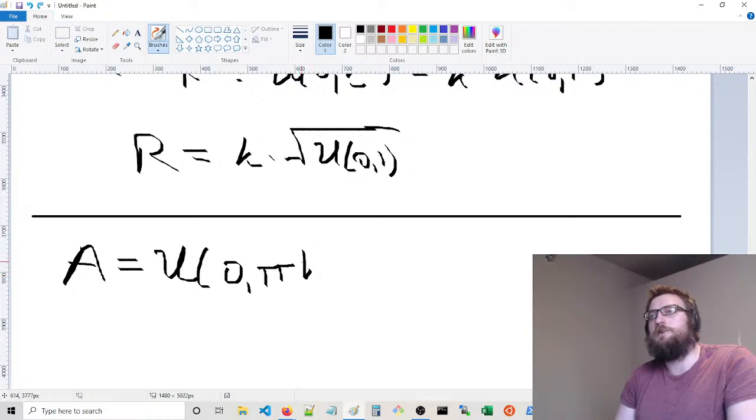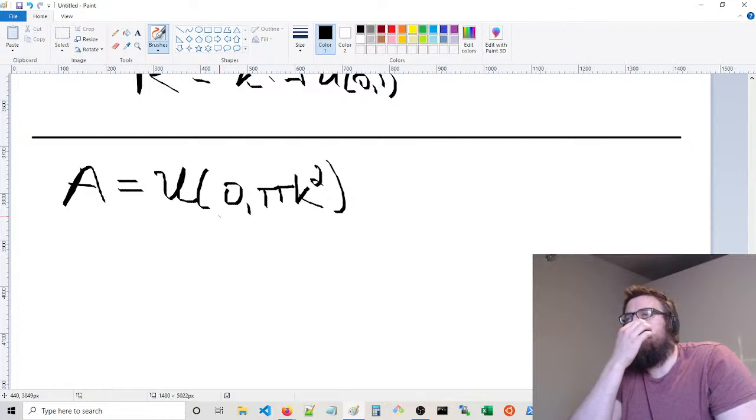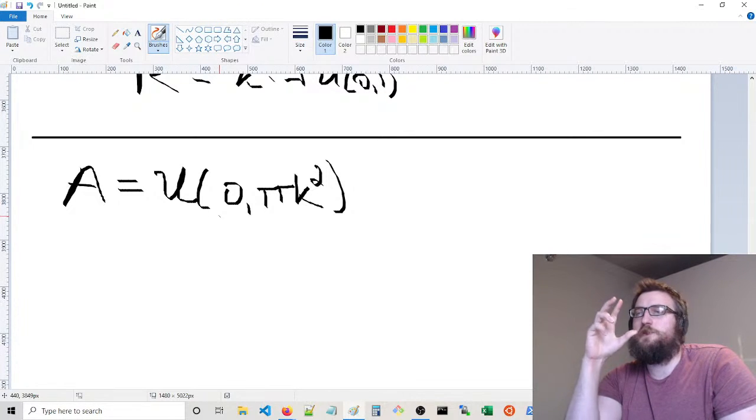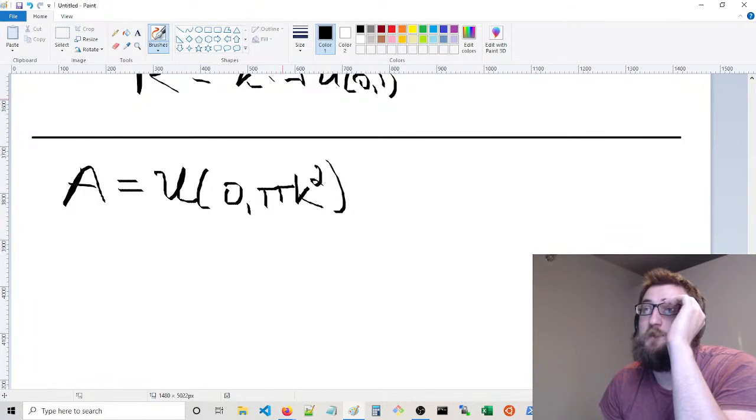We'll use k for the radius. So for some circle with radius k, we want to select any particular point with uniform distribution. That's actually what's going on here.